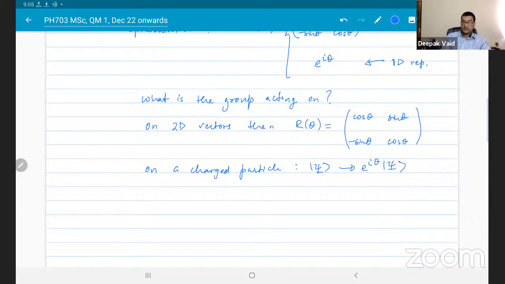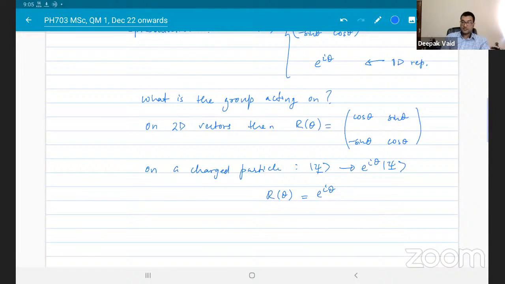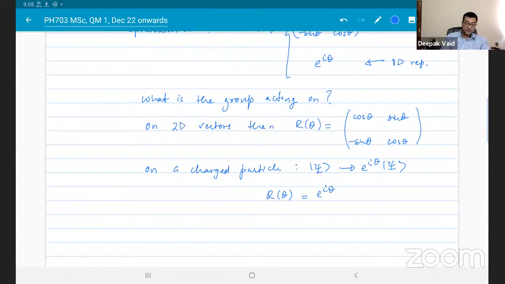So in this case R(theta) is represented by e to the i theta. This is not as physically intuitive as the matrix, but they are both group representations. Here it is acting on a two-dimensional vector space, and here it just acts on some state psi.